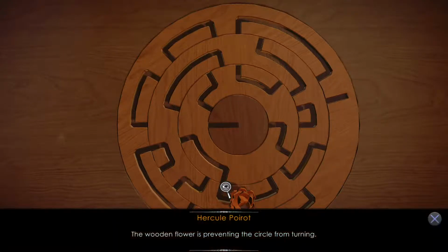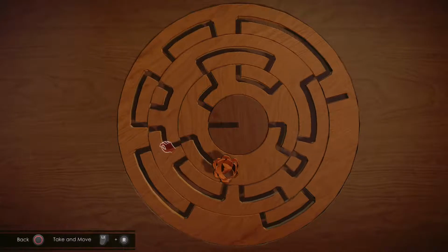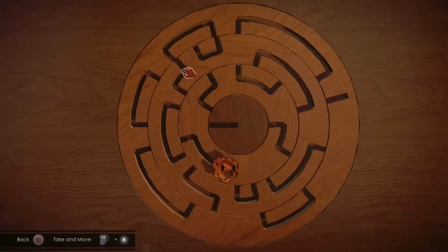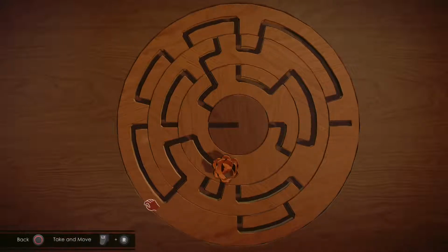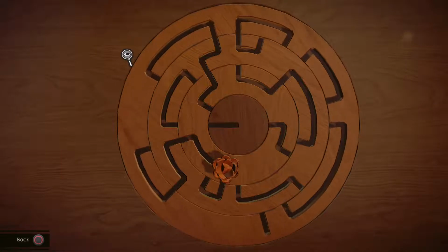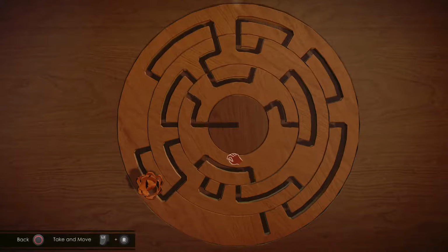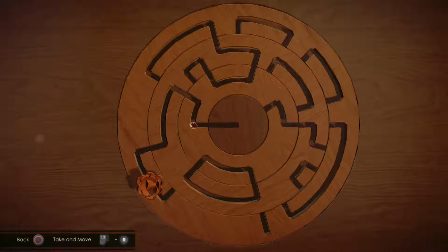The wooden flower is preventing the circle from... Yeah, I know. Shut your damn mouth. There we go.